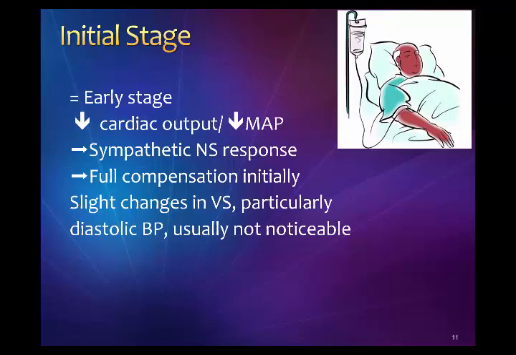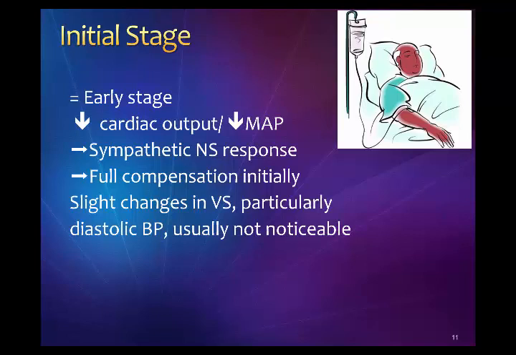That's the only compensatory mechanism we have in play at this point. So it's not enough to really see compensation going on. It may cause the heart rate to go up a little. It may cause the respirations to go up a little. And it may cause the blood pressure to change slightly. But sometimes it's really, really hard to recognize.